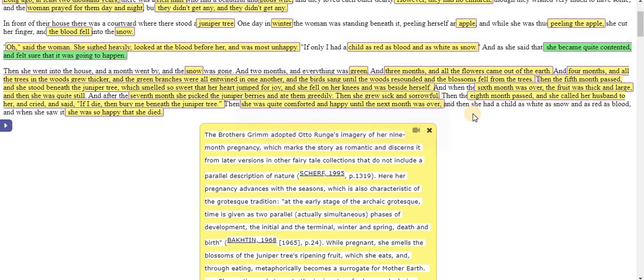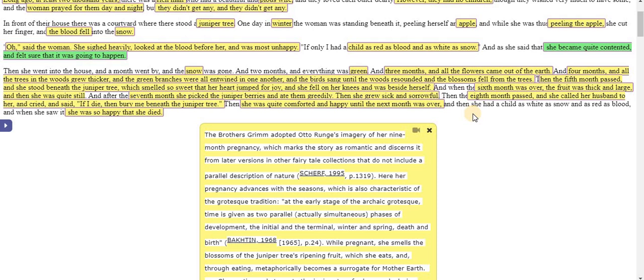Okay, and then she had a child. So when the 9th month was over, she was comforted, she was happy, she felt lightened, and then she had a child as white as snow and as red as blood. And when she saw it, she was so happy that she died. What a tragedy, right? The woman waited for her baby, and she desperately wanted a baby.